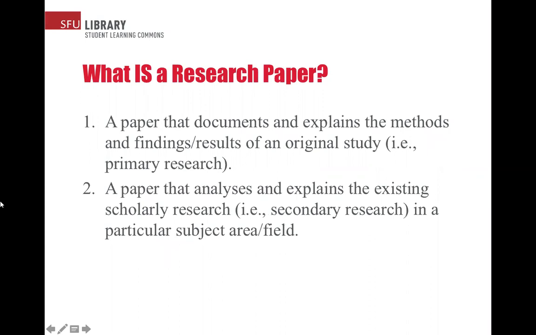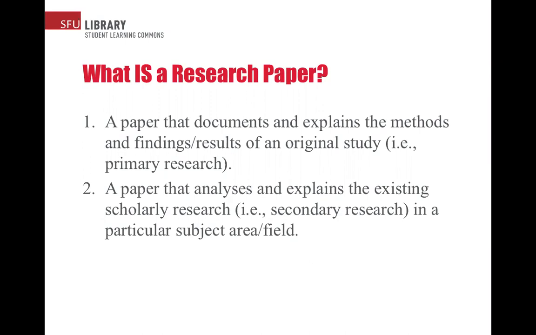So what is a research paper? A research paper can be one of two things: a paper that documents and explains the methods and primary findings or results of an original study, so primary research, or it could be a paper that analyzes and explains the existing scholarly research, if you're doing secondary research, for example, in a particular subject area or field of study.